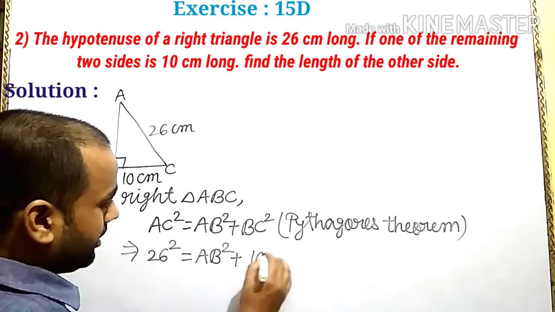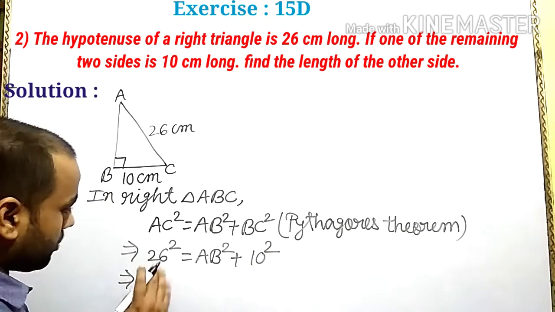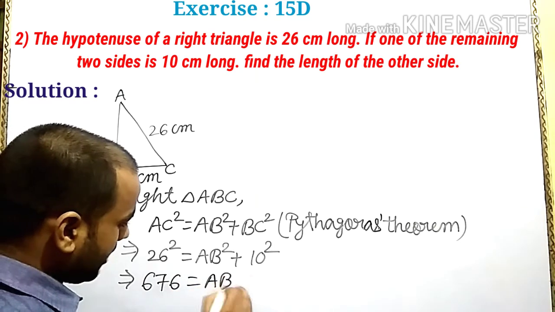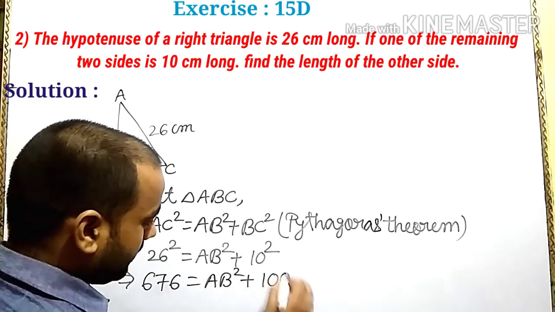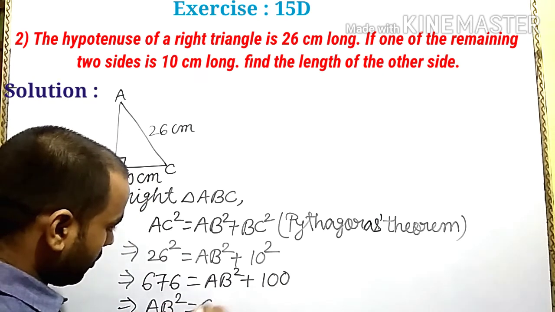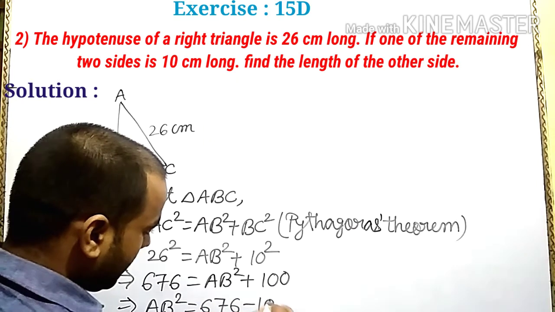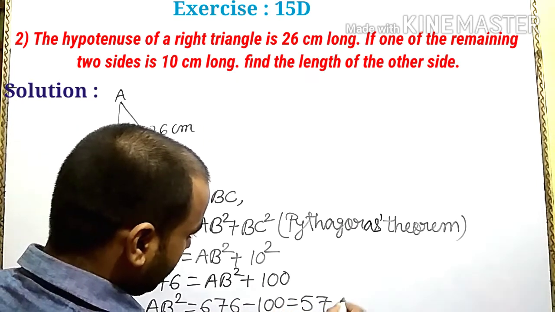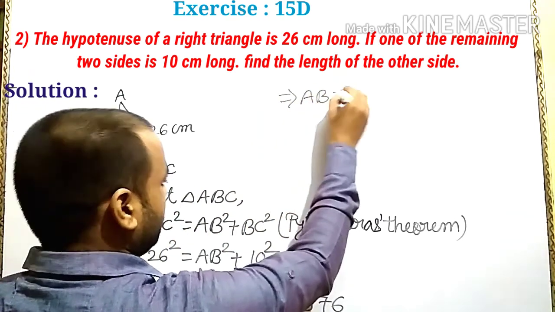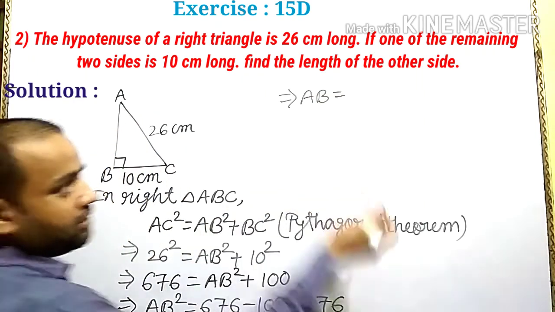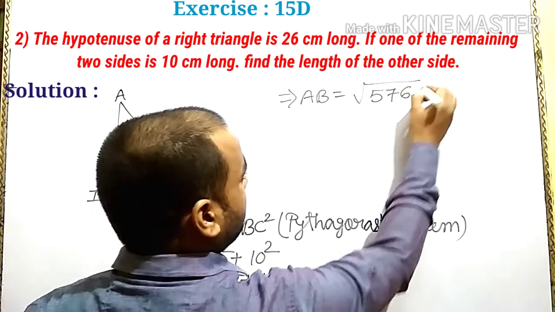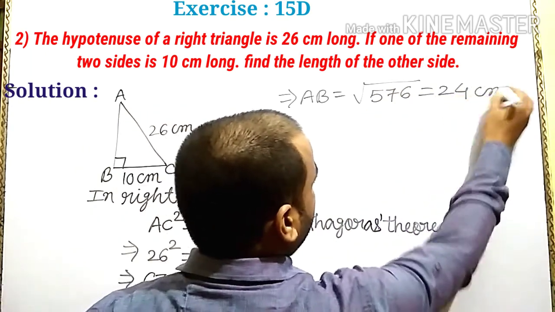BC here given 10, squared. The square of 26, 676, is equal to AB square plus the square of 10, 100. So therefore AB square is equal to 676 minus 100, which is equal to 576. Therefore AB is equal to the square root of 576, which is equal to 24 centimeter.